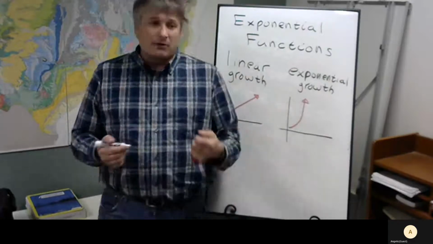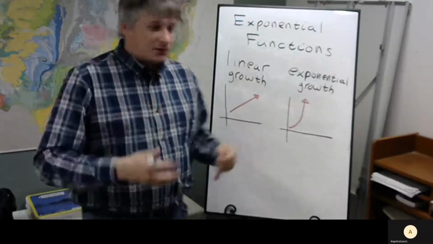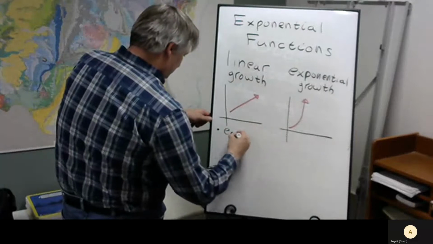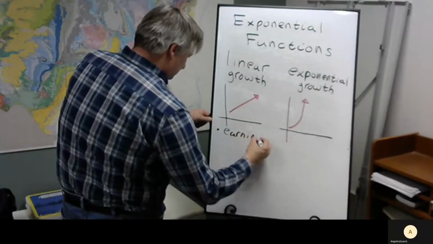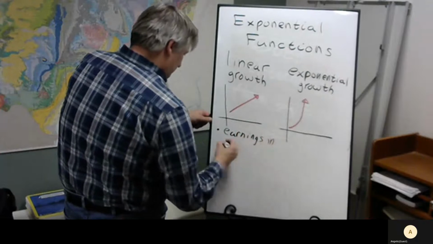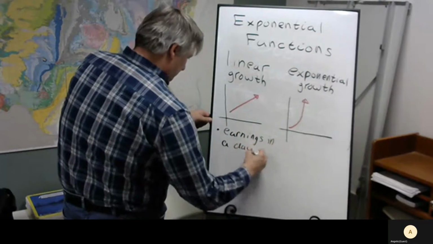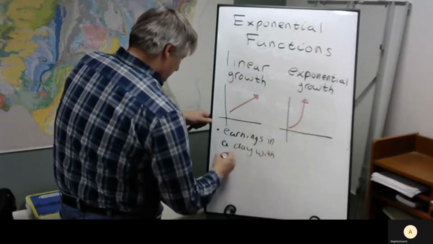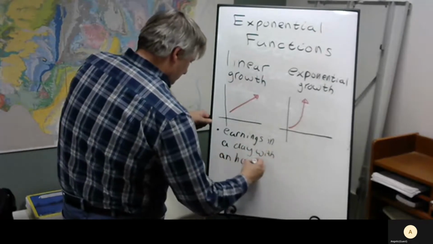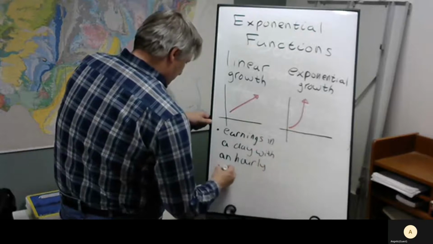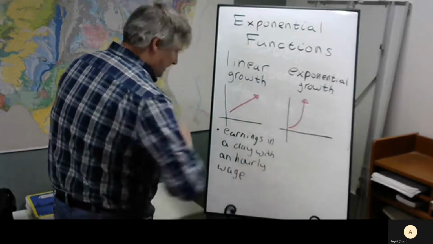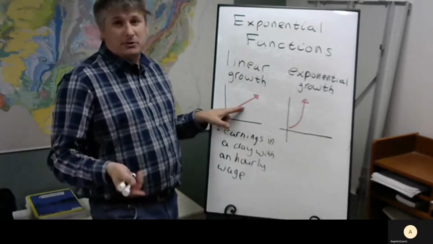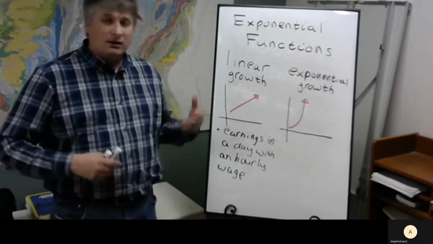So if you're making $10 an hour, every hour you get $10. So if you have an hourly wage, basically your wage, what you're paid per hour, is going to be the slope of this line.